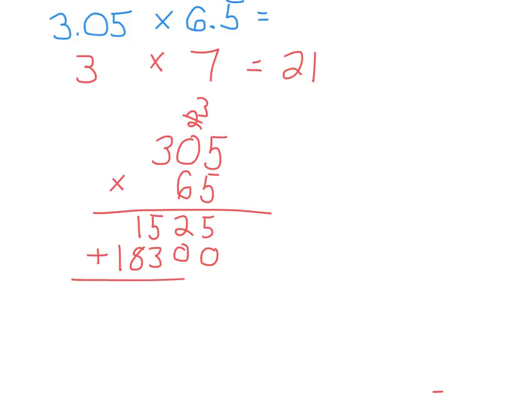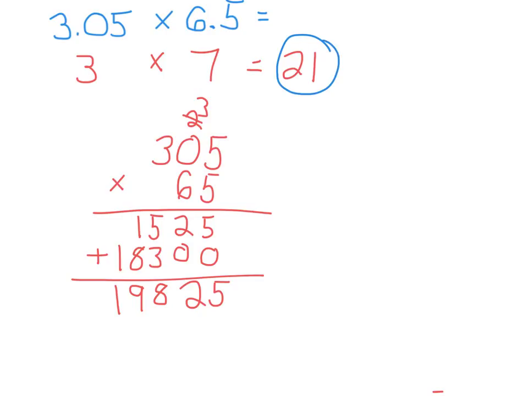And so then I need to add that up. 5 plus 0, 2 plus 0, 5 plus 3, 1 plus 8, and 1 plus 0. So I end up with, if I read this number like it comes out, 19,825. Well, if I go back up and I use my estimate, I need to put my decimal into the problem.